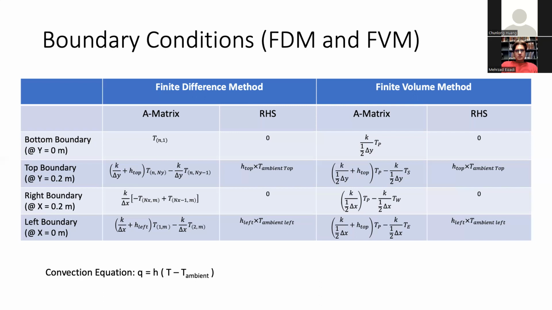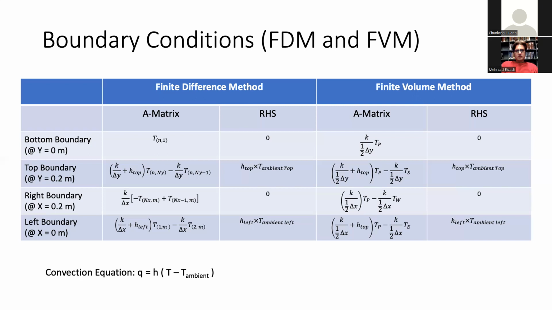And for the top and the left boundary, really the convection comes into play. Because they both are exposed to the cold air, the convection equation is used in this case as the source term, and then we perform the backward difference approach to get the discretized form for the matrix C side.